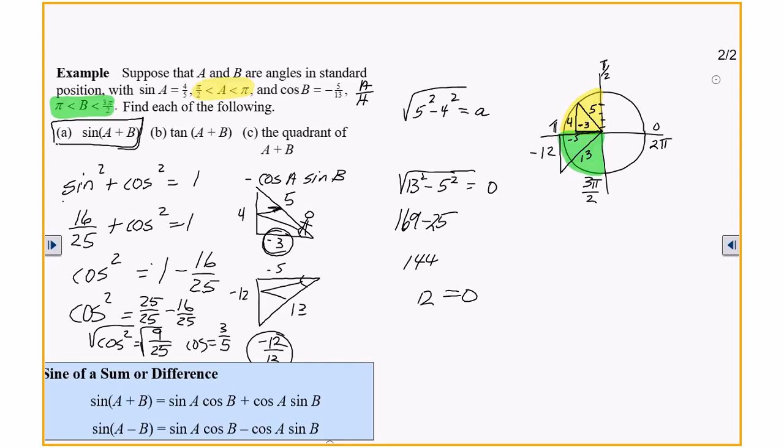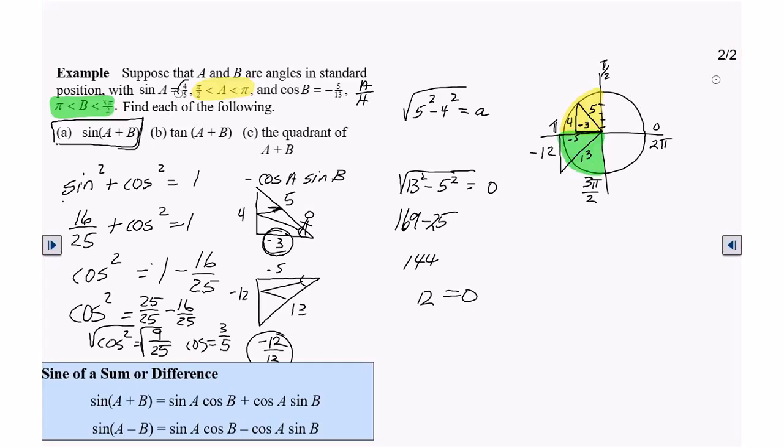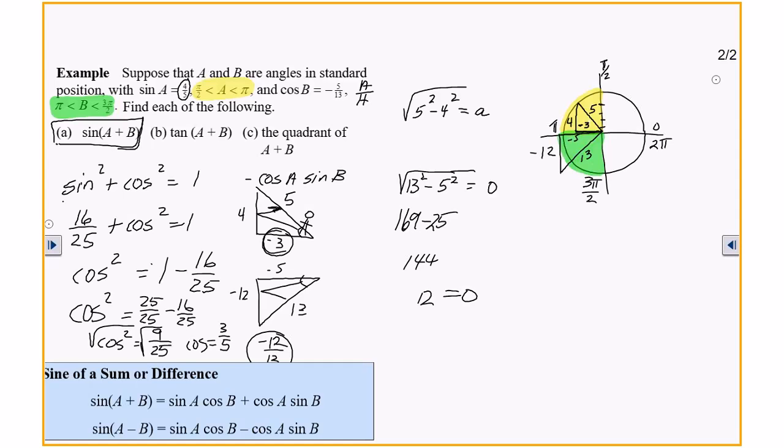Once you get through with everything, plug the sine of A and sine of B into what you got here. This is the sine right here, and the cosine of B is right here. And now you've got the cosine of A, right here.